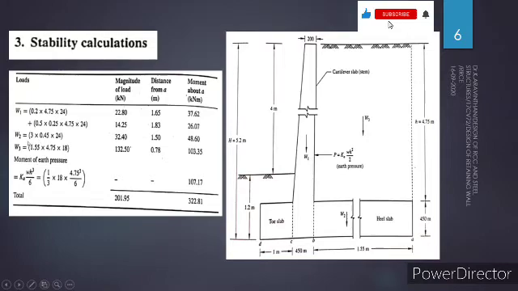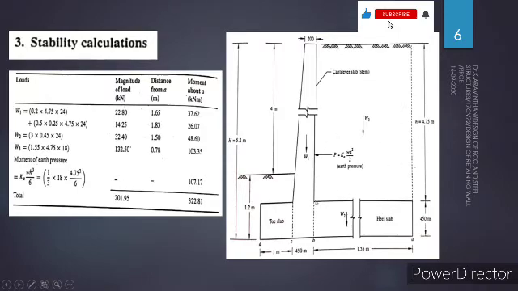And the second part is the base slab, so W2. What is the formula to find this area? Breadth into depth. Breadth is 3 meter and depth here is 0.45. So 3 into 0.45 into the density of concrete 24, you will be getting 32.4.